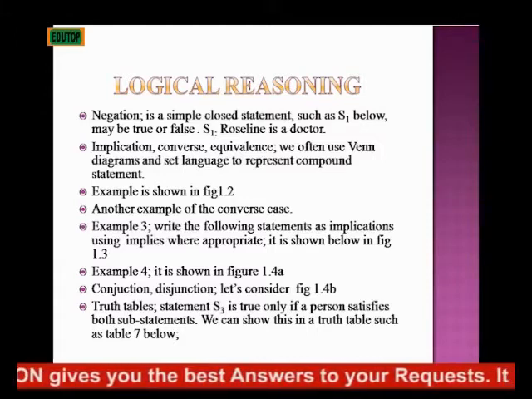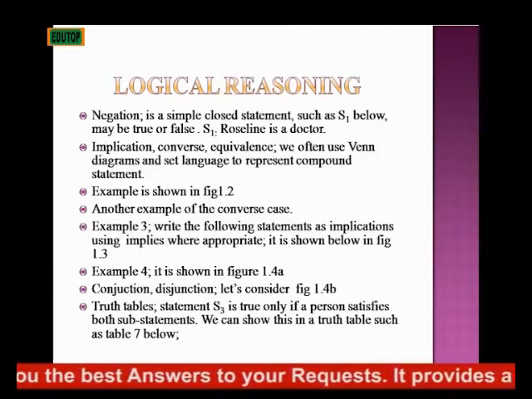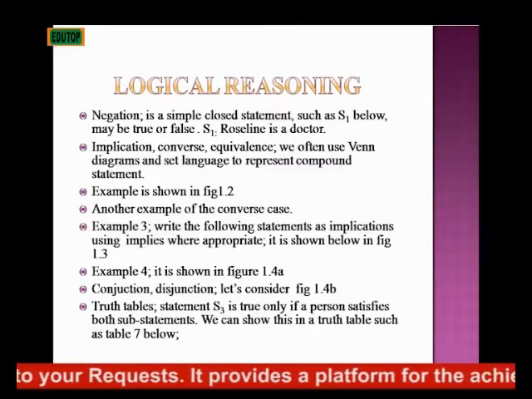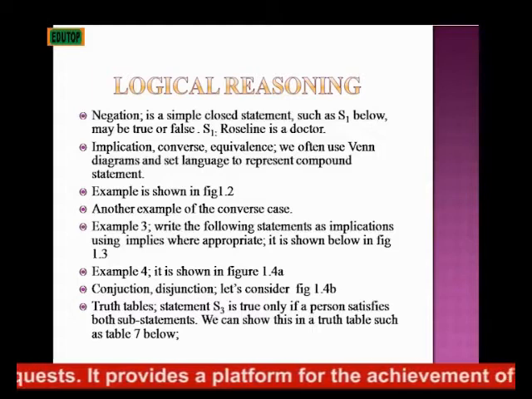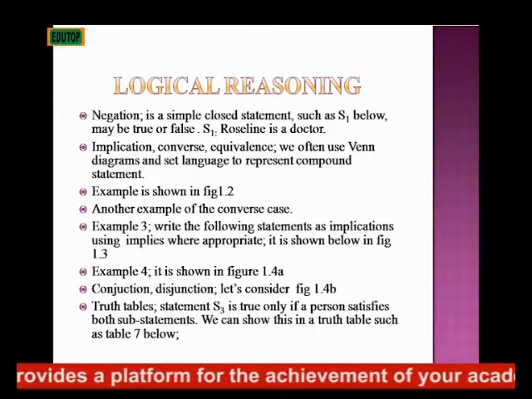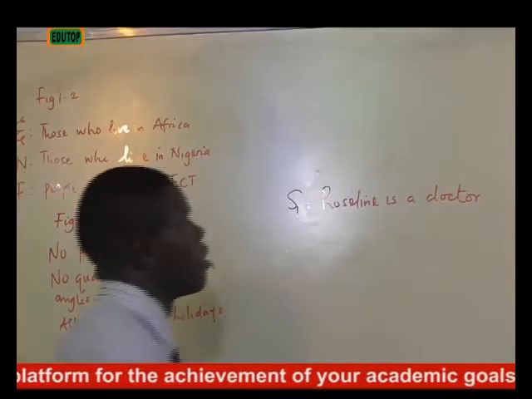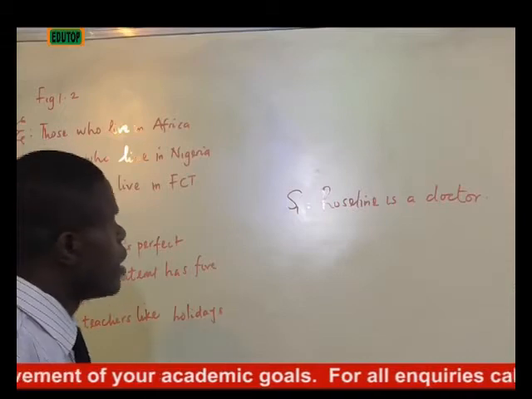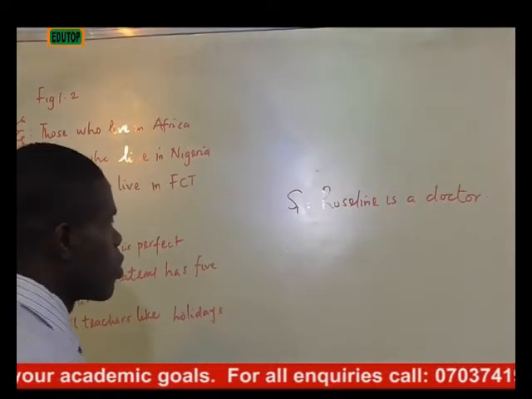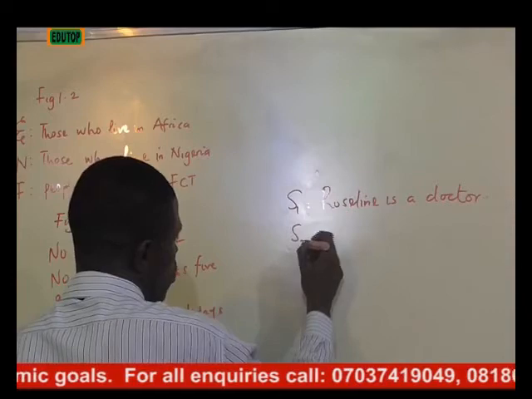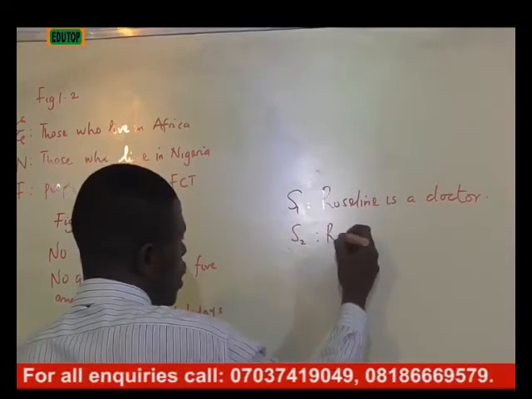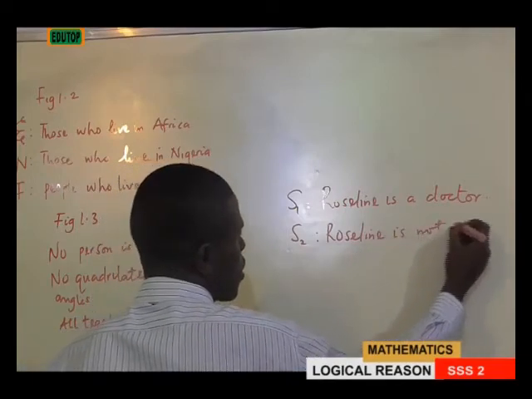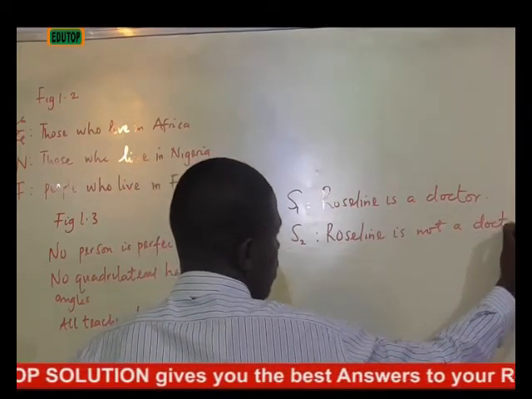Typical example, you have S1. S1 here states that Roslyn is a doctor. The negation to this S1, which is S2, will definitely be Roslyn is not a doctor.